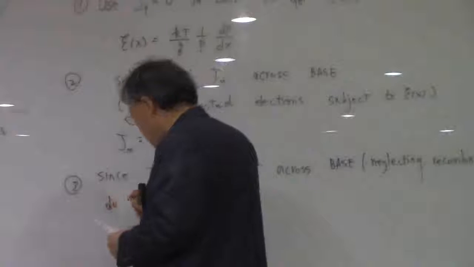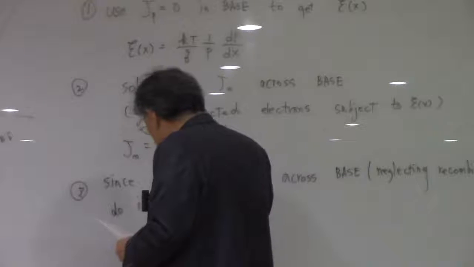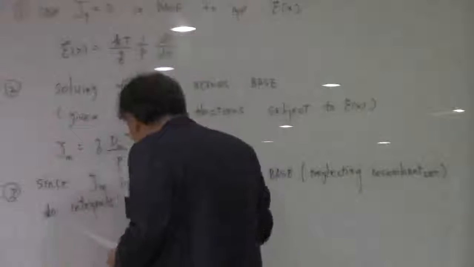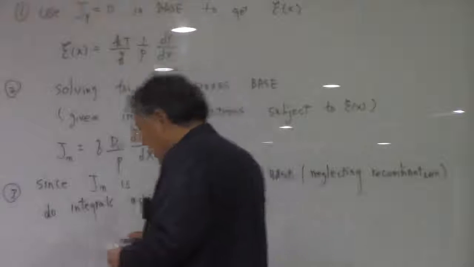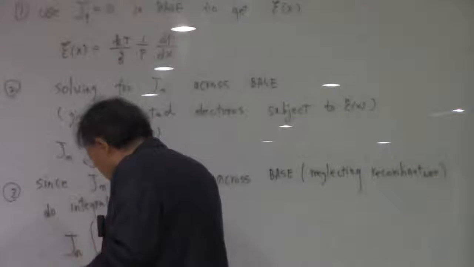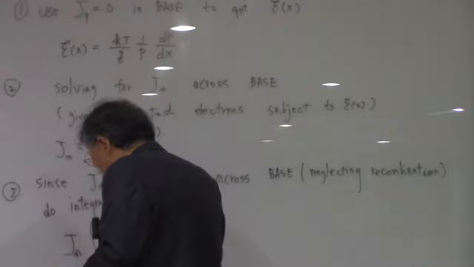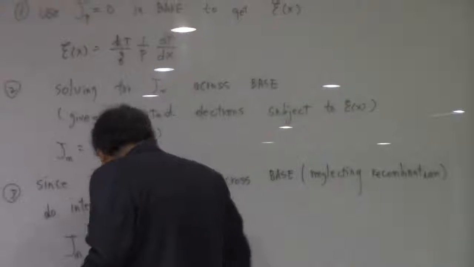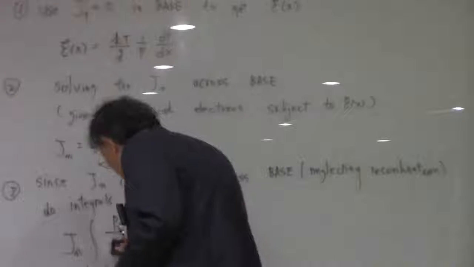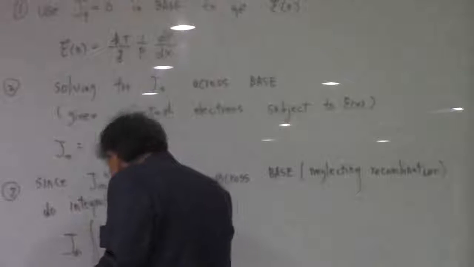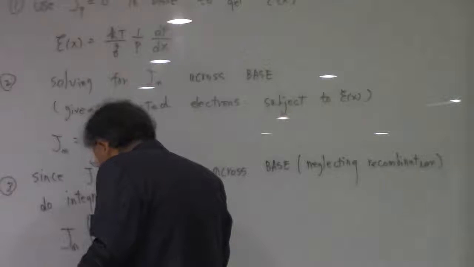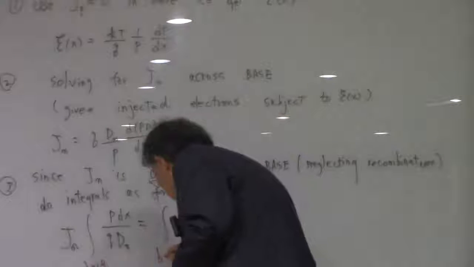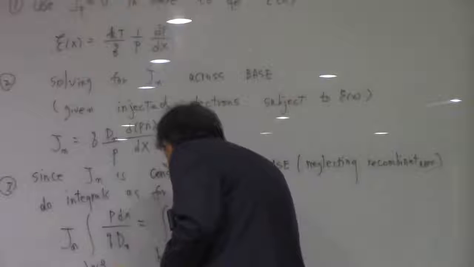Do integrals as for MOS transistors. That is Jn integral over the base of P dx over Q, dn is equal to integral over the base of dpn.